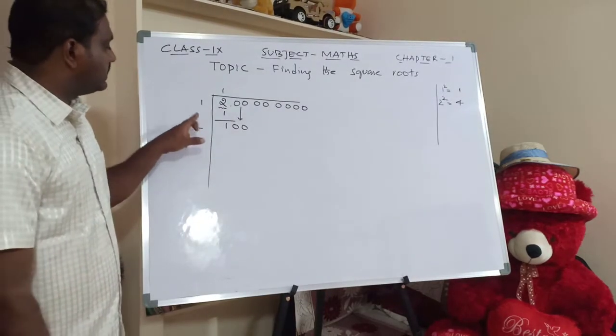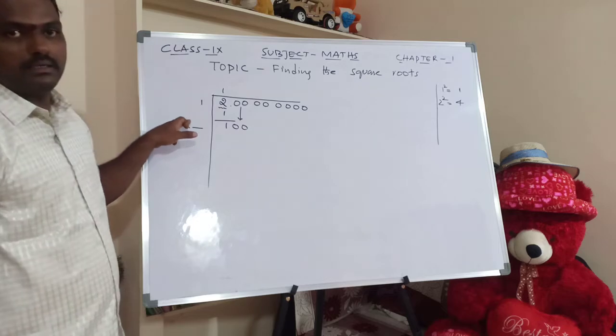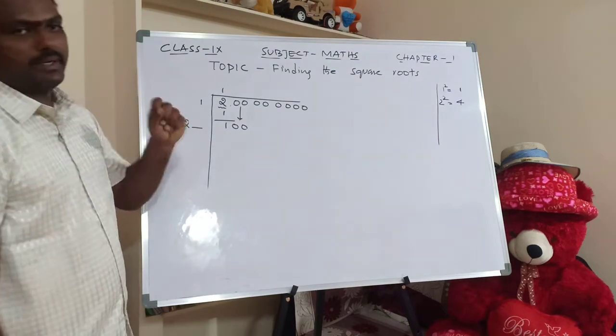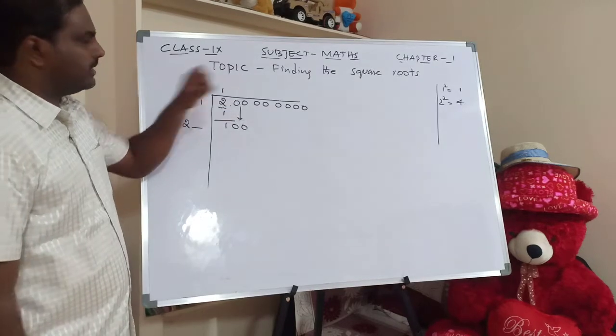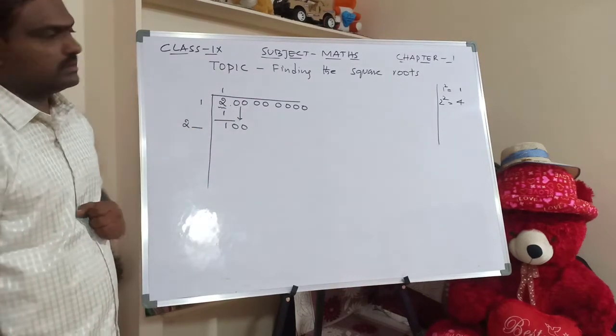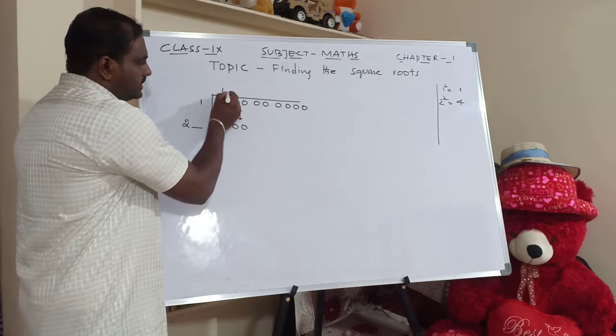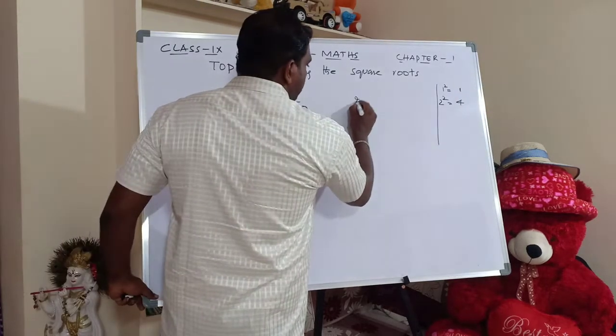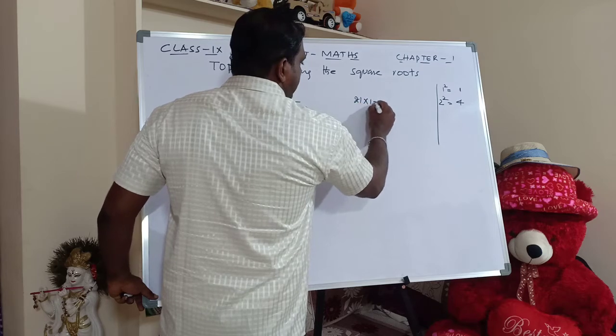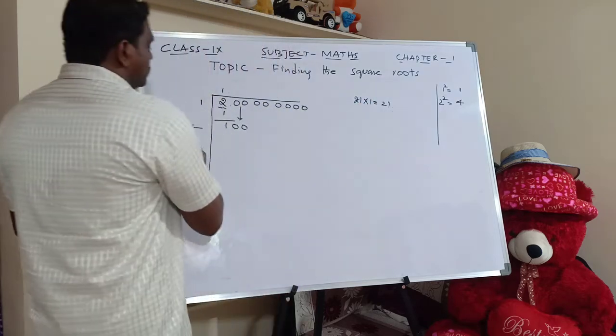Whatever number is written in this blank, you have to multiply with the same number. Some students are writing one number here and a different number here. That is wrong. Since the point is already there, I have to keep the point. Suppose I keep 1, what happens? 21 ones, 21. So 21 ones, 21.